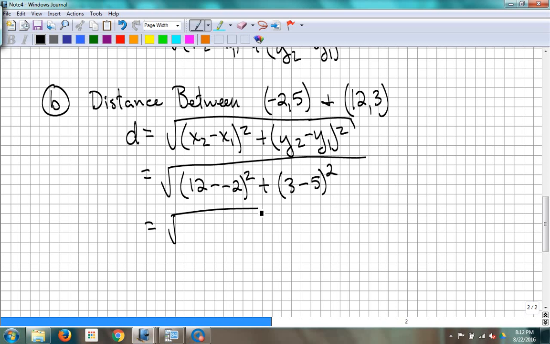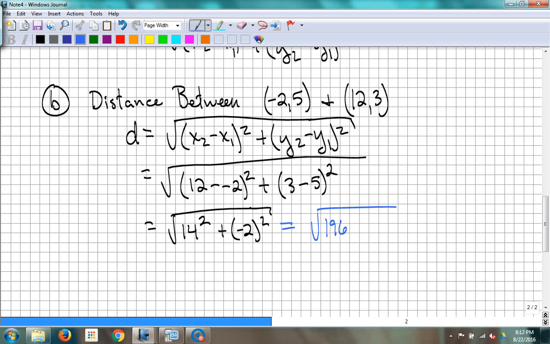We got 12 minus -2 turns into 12 plus 2. It's 14. So that's 14 squared plus 3 minus 5, -2 squared. I'm going to work that out. So 14 squared. No, that's 14 times 2. 14 squared would be 196.